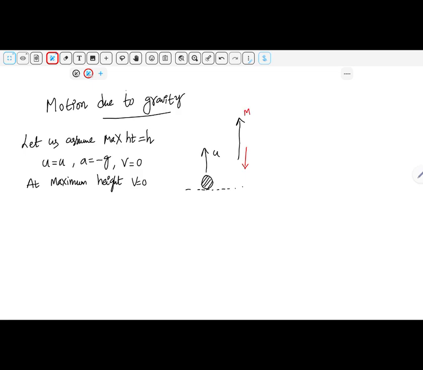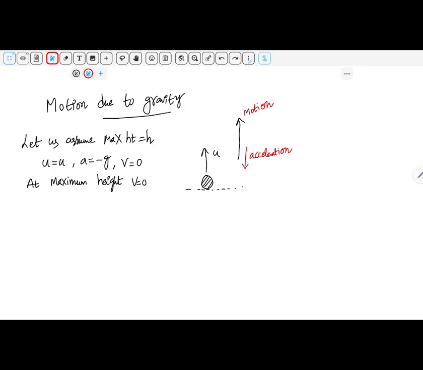So the velocity of the object is vertically upwards, but the acceleration due to gravity is vertically downwards. As both are in opposite direction, slowly the velocity of this object reduces and it becomes 0 at maximum height. That's why at maximum height I am considering the velocity as 0.